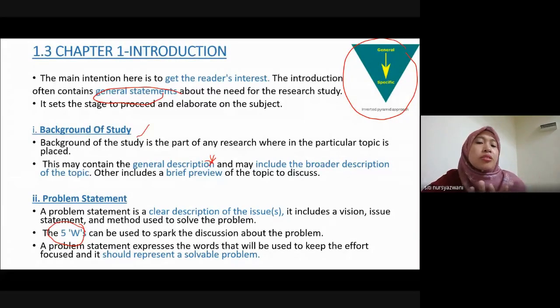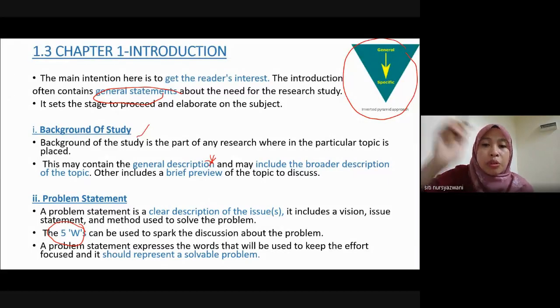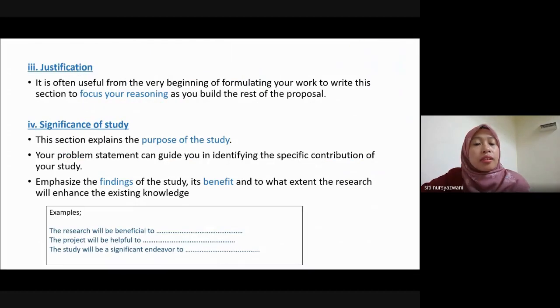Okay, to spark the discussion about the problem. And a problem statement expresses the words that will be used to keep the effort focused, and it also should represent a solvable problem.